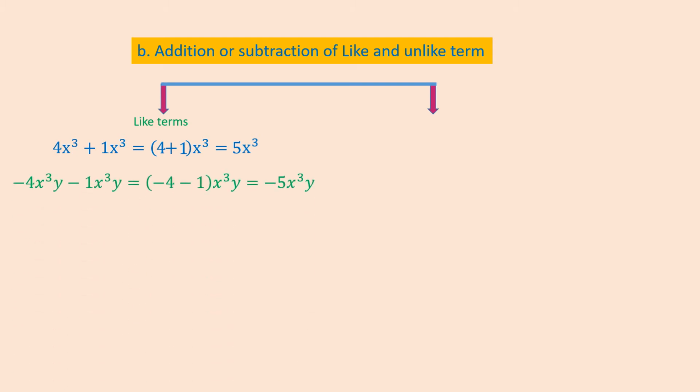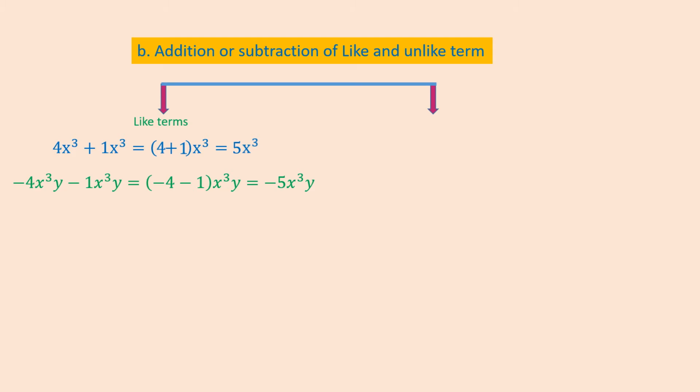Let us see one more example, minus 4x cube y minus 1x cube y. The coefficients are different, but the variable part you will see in both the terms is the same. So we call them like terms. We can add or subtract. So x cube y is common, so I have written it outside the bracket, and minus 4 and minus 1 will get added. So minus 4 and minus 1 becomes minus 5.